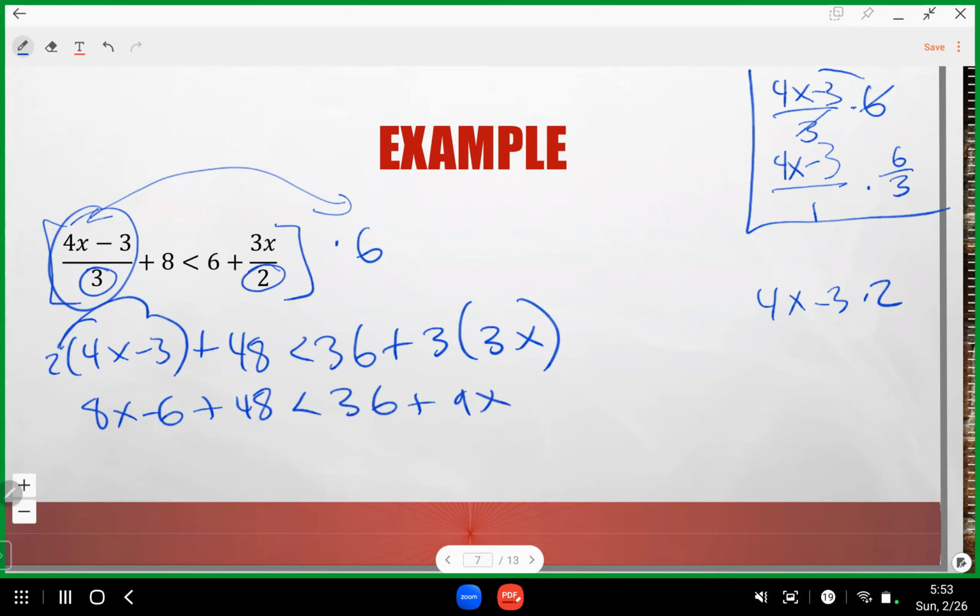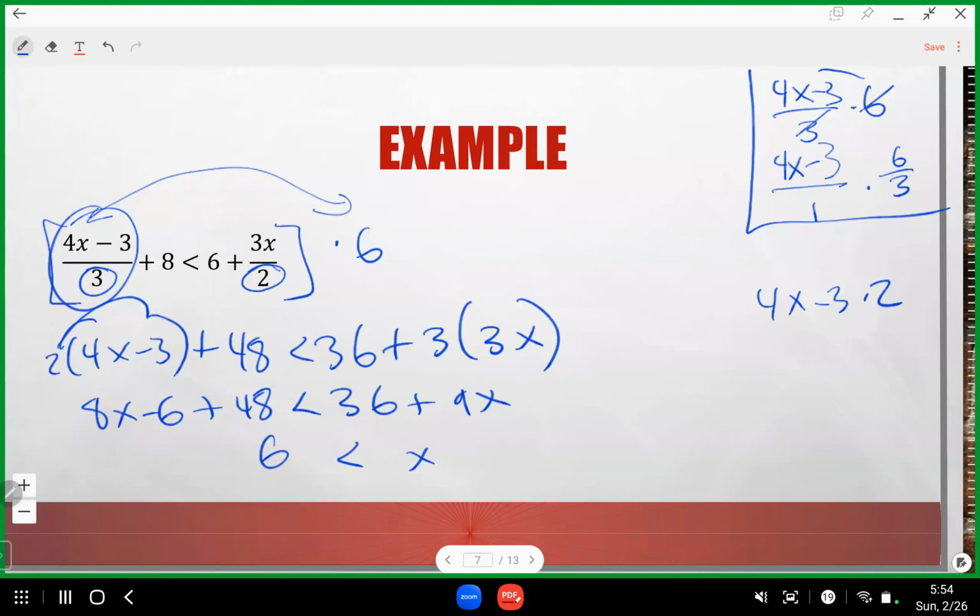All right, very good. And can you combine like terms too? Yeah, move the 8x to the other side, and then 48 minus 6 is 42, and then 42 minus 36 is 6. So then we get x is greater than 6.